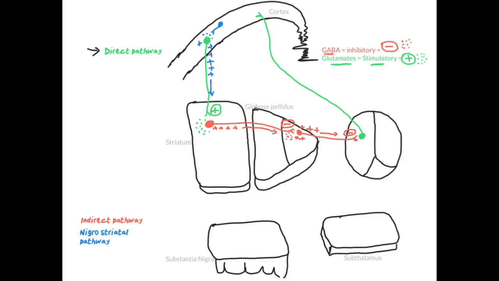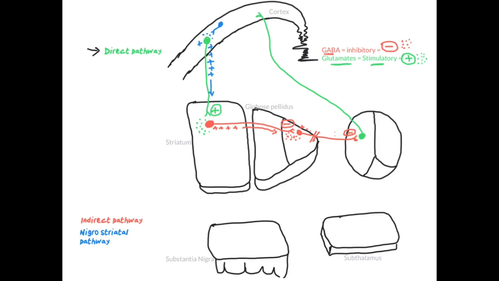The GABA will inhibit these neurons. When these neurons are inhibited, there will be no GABA down here.